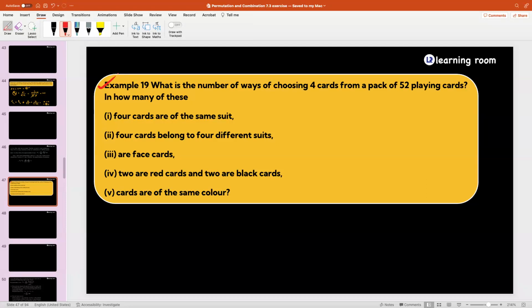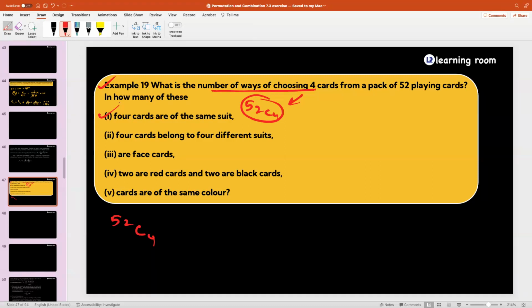So you have 52 cards. Out of the 52 cards, you need to choose 4. So answer will be 52C4. So 4 cards of the same suit.